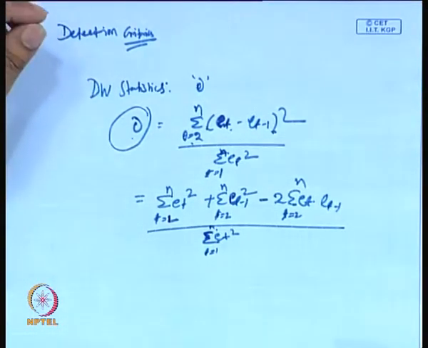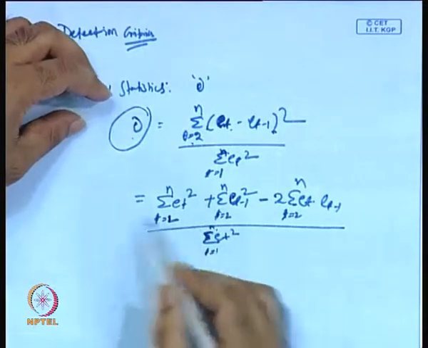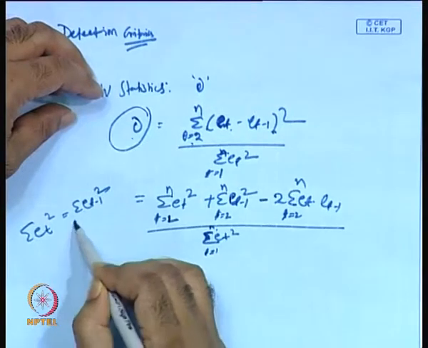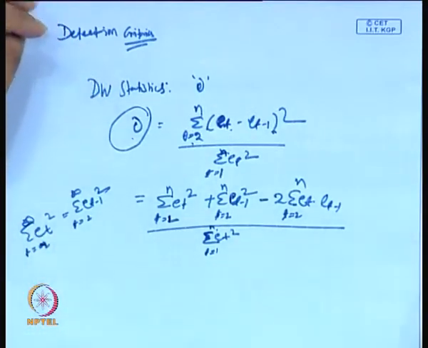Now remember, the summation of e_t squared is equal to the summation of e_{t-1} squared when n tends to infinity. When n is large, the difference between e_t and e_{t-1} will be very minimal, so the summation of e_t squared equals the summation of e_{t-1} squared.